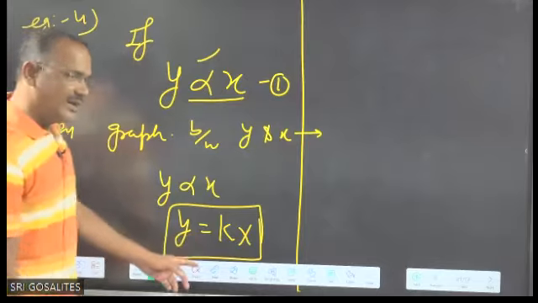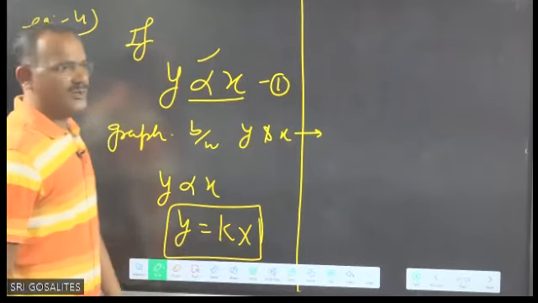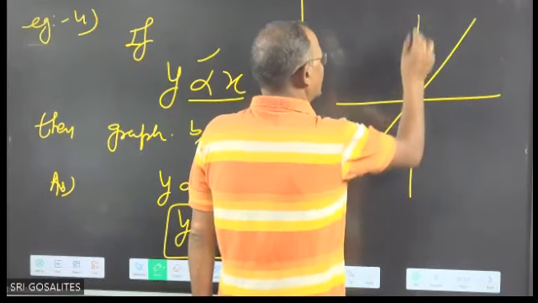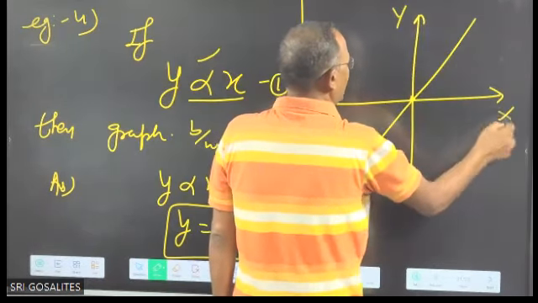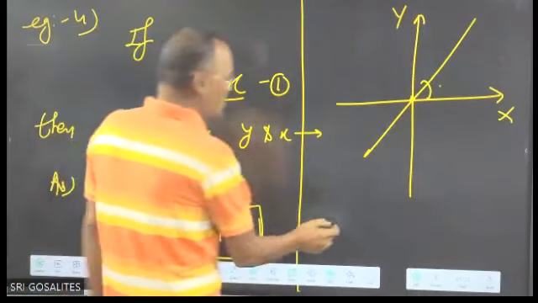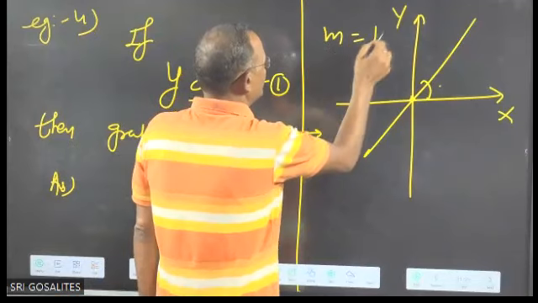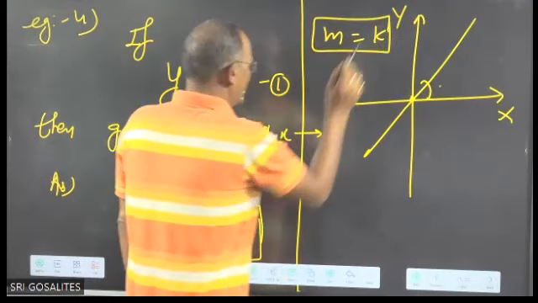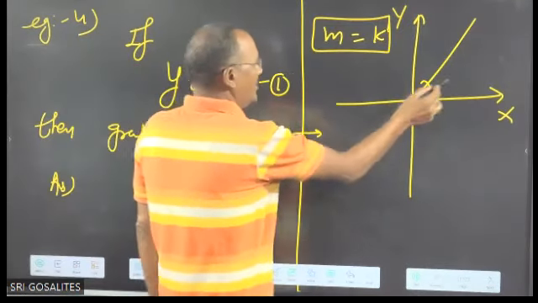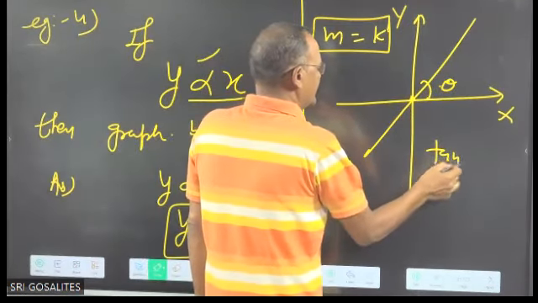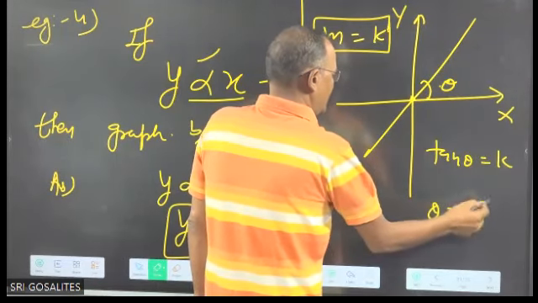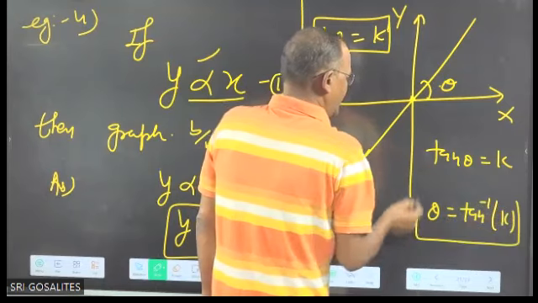So what did we get finally? y equals kx. Which line equation is this? Passing through the origin. This k is what? Slope. Because the standard equation is y equals mx, so this m is k. If you need theta, theta is tan inverse k.